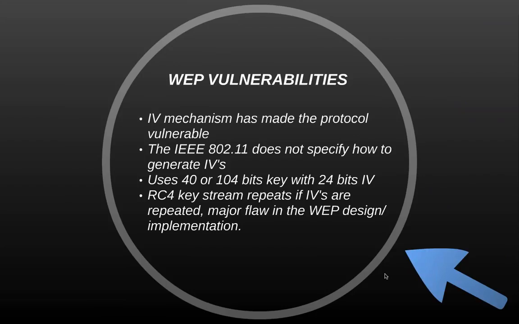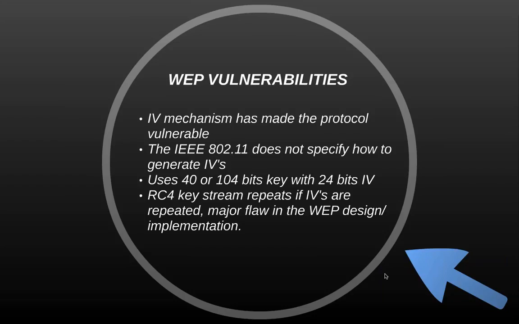Before getting into WEP vulnerabilities, the major encryption mechanism that WEP utilizes is RC4, where you have 24-bit IVs, which are used as part of the key for encryption and decryption.